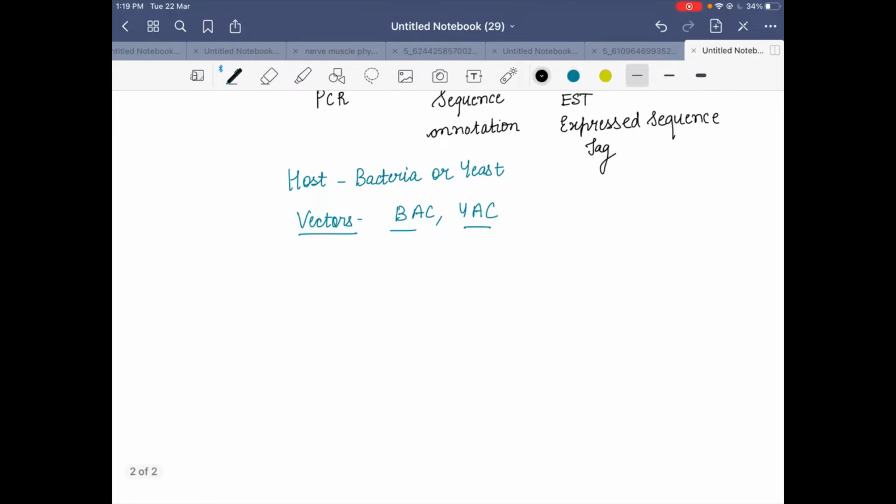Now let's first see about the first method, which is sequence annotation. For sequence annotation, let's suppose there is a bacteria.